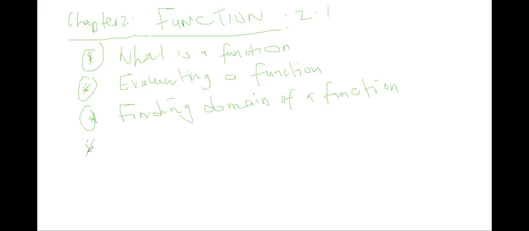And another objective that we want to achieve in chapter 2 under section 2.1 is to look at piecewise functions. When we talk about a piecewise function, it's just like we are talking about one function, but within this one function, it has different parts whereby the behavior of the function changes from one point to another.